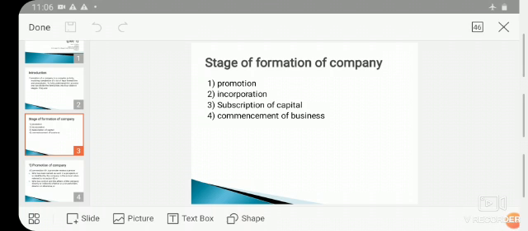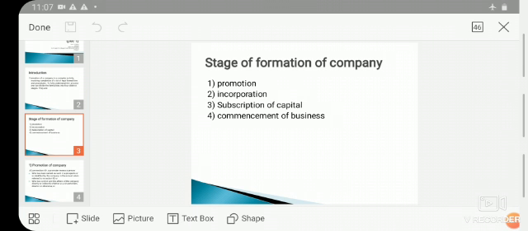A private company can start its business, its operations, soon after completion of the first two stages, that is promotion stage and incorporation stage.